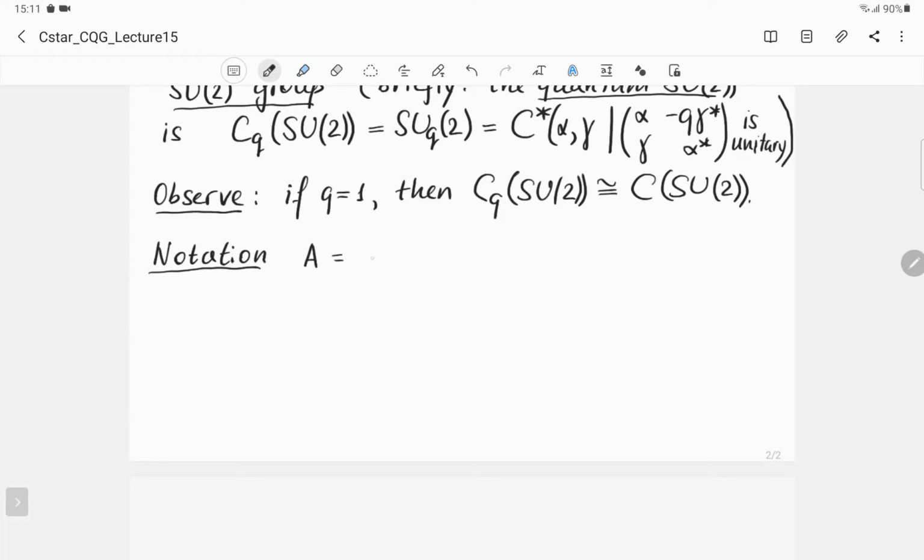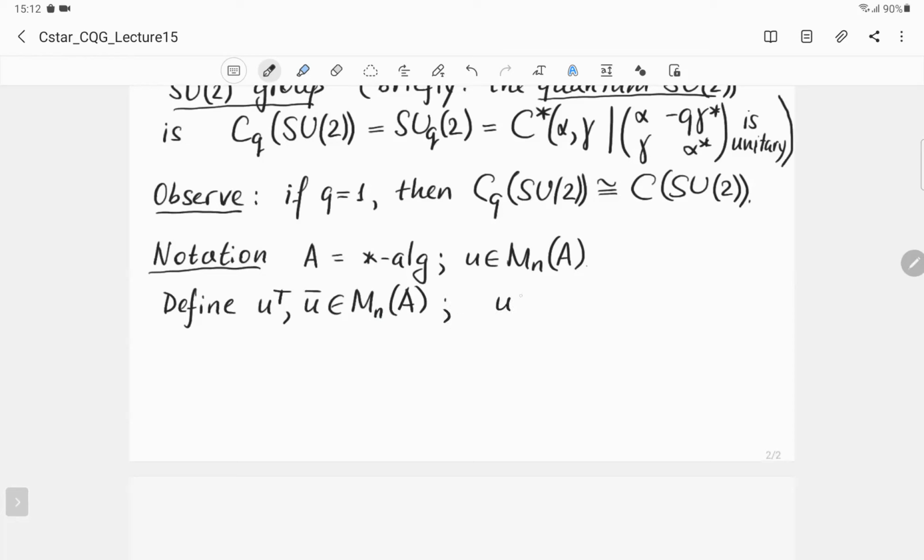Well, not necessarily, just a star algebra. And suppose that U is a square n by n matrix over A. We define two matrices, U transpose and U bar, as follows.